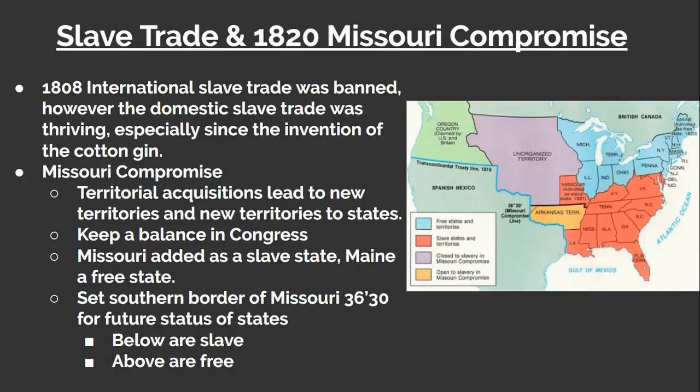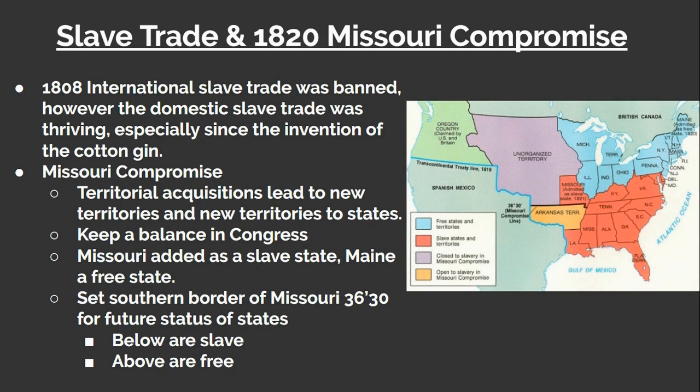Okay, the next thing we want to look at is the slave trade and the 1820 Missouri Compromise. In 1808 the international slave trade was banned, and the South actually agreed with it. Now, the thing was, though, the domestic slave trade was thriving, especially since the invention of the cotton gin in the late 1700s. There was a thought that slavery might die out.